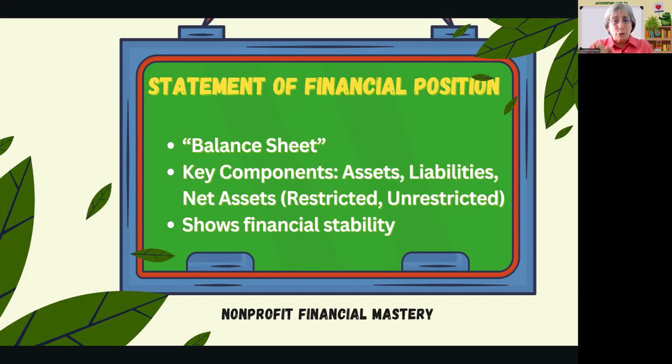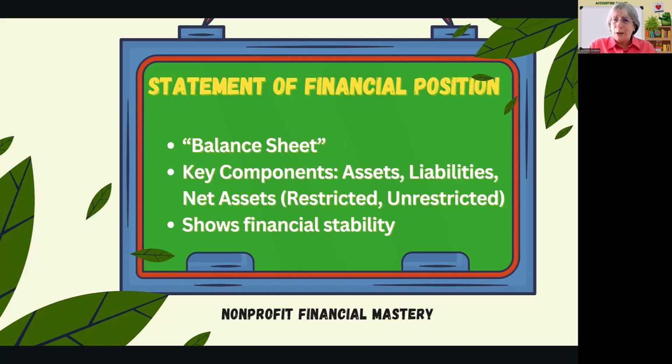And then we take those net assets and we divide those into either restricted funds or unrestricted funds, so that we're keeping track of those funds that our donors or grantors have said, we want this used for a specific purpose. And what the statement of financial position shows is financial stability. So if your assets are higher than your liabilities, that's good.